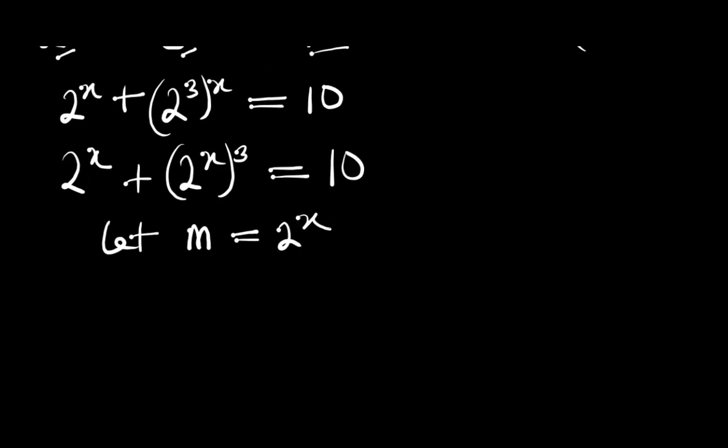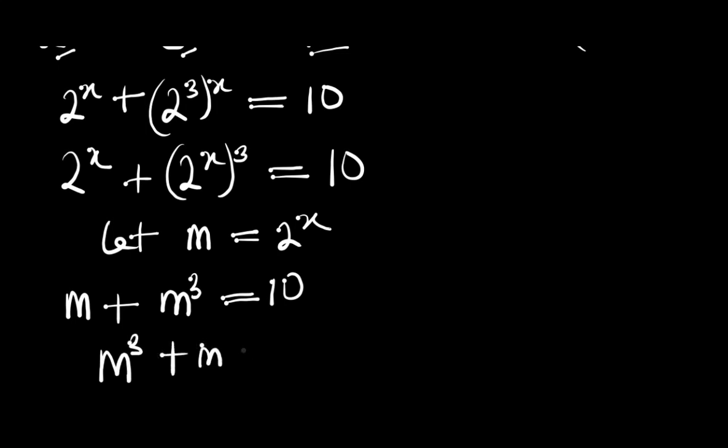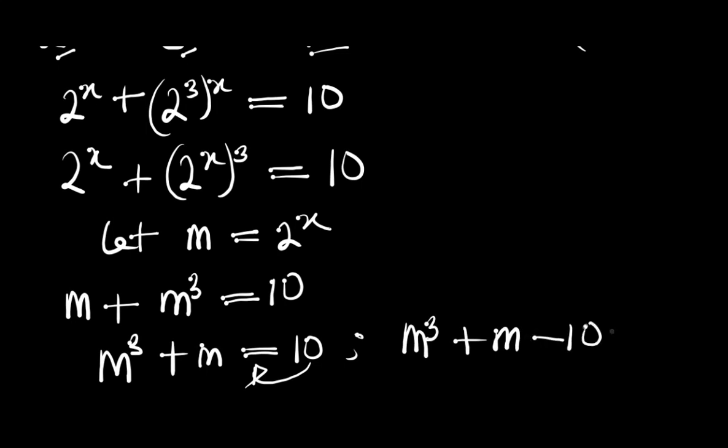So we are going to have m plus m power 3 equals 10. We can rearrange it and have m power 3 plus m equals 10, and from here we can also have m power 3 plus m minus 10 equals 0.